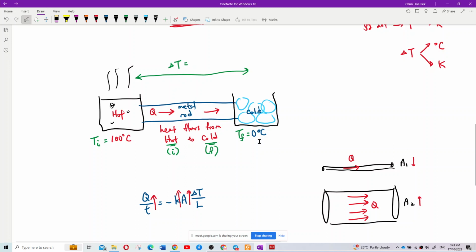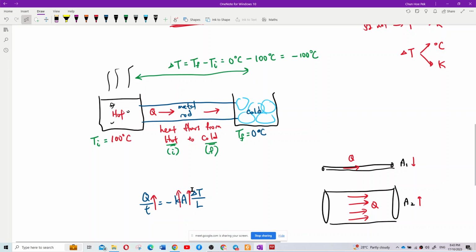Understand, class? The change of temperature is just final minus initial. So 0 degrees Celsius minus 100 degrees Celsius is negative 100 degrees Celsius. That's the change of temperature.